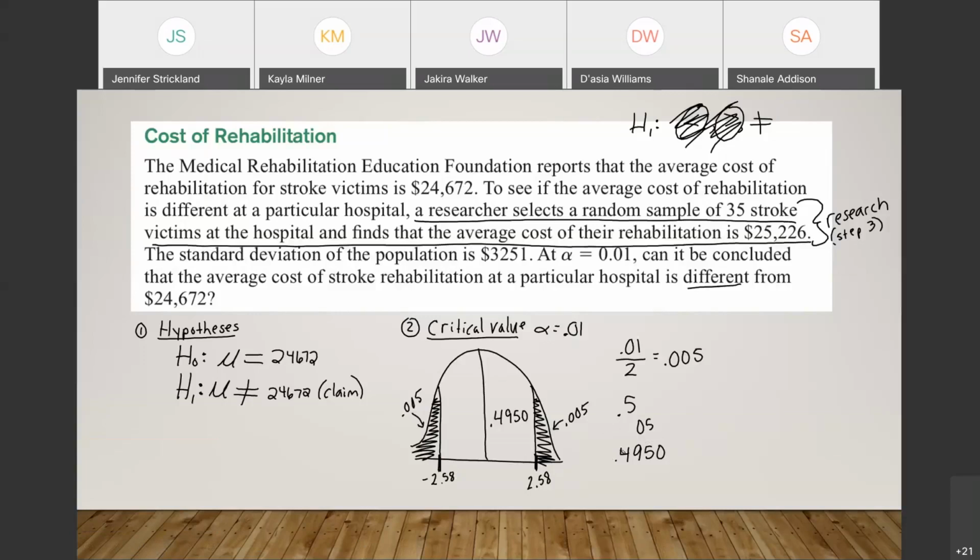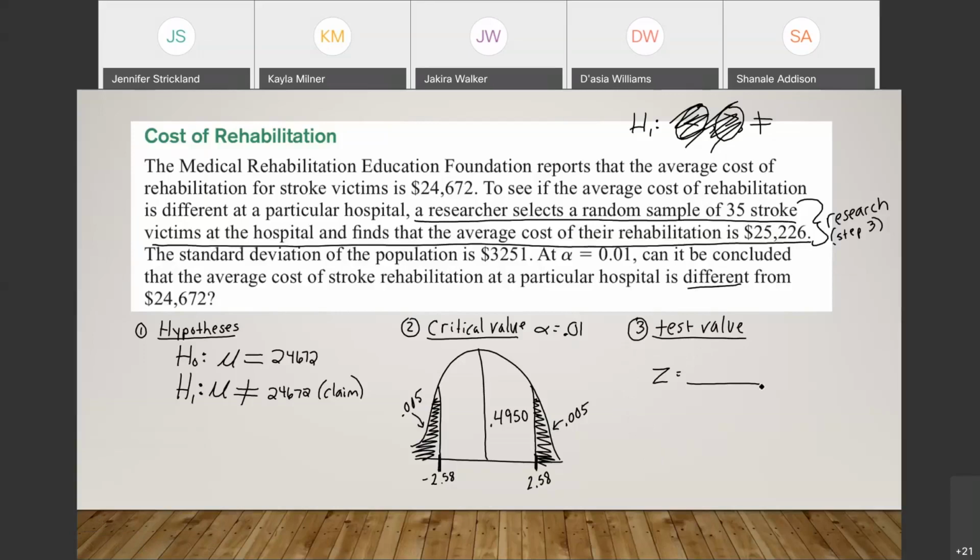All right, so let's move on then to step 3. So step 3 is where we're getting that research, and we're going to plug into the formula and get our test value. Okay, so help me with the plug-in. Anything that you know specifically goes in a certain spot.